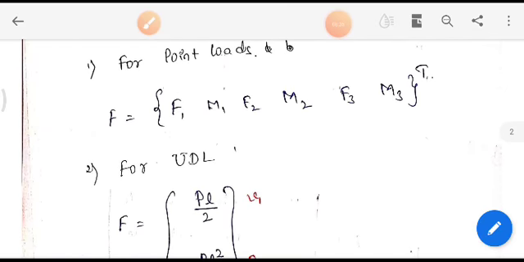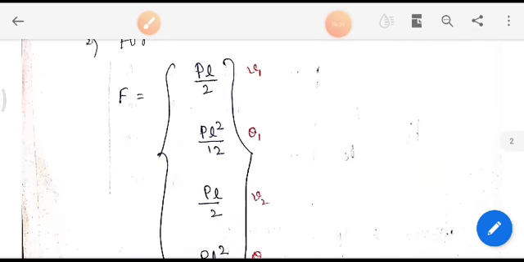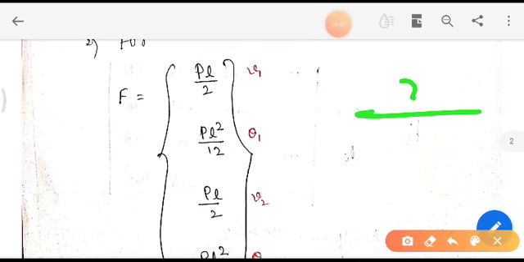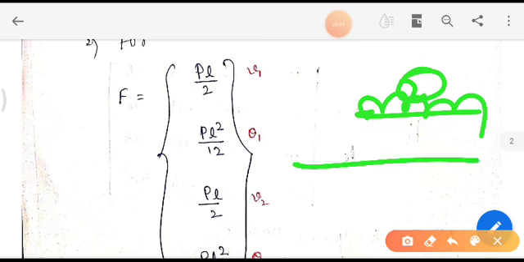In the given problem, the second element is subjected to UDL.